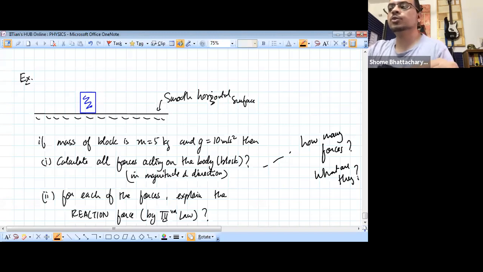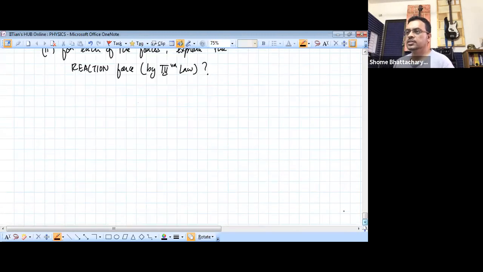Okay, so we have all established the answer to the first part. You've all got this correct, no problem. So the answer to the first part I'm just listing out: there are two forces acting on the body.